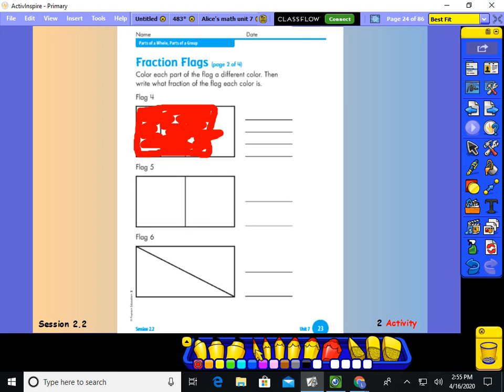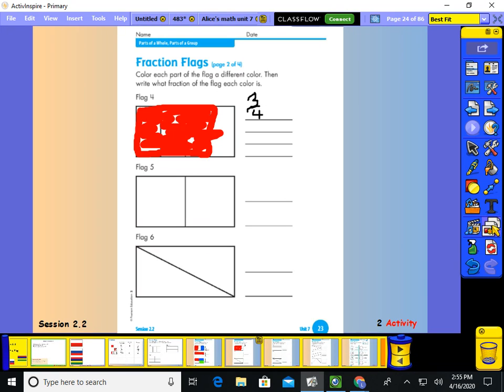So in this case, you might actually find 3 parts were shaded out of 4 parts. All I'm saying, students, is that we chose to color 3 out of 4, and that is pronounced 3/4. So I just want you to realize that it's not always 1 on top, and you will when you get to 3rd grade.